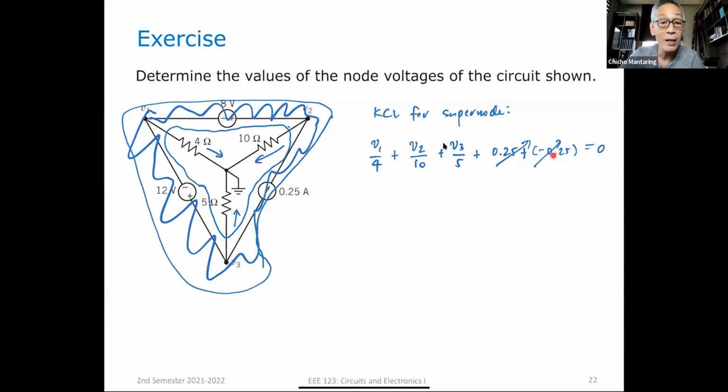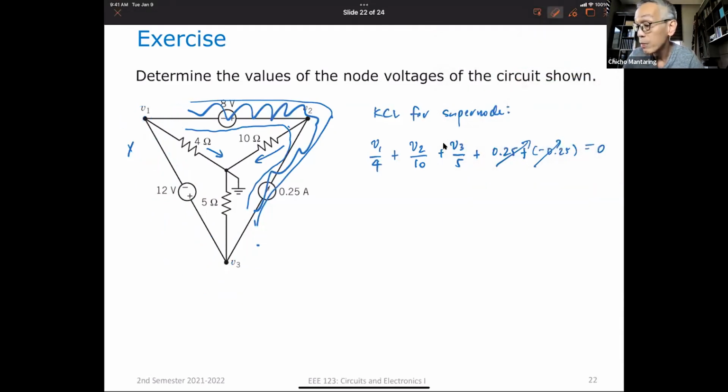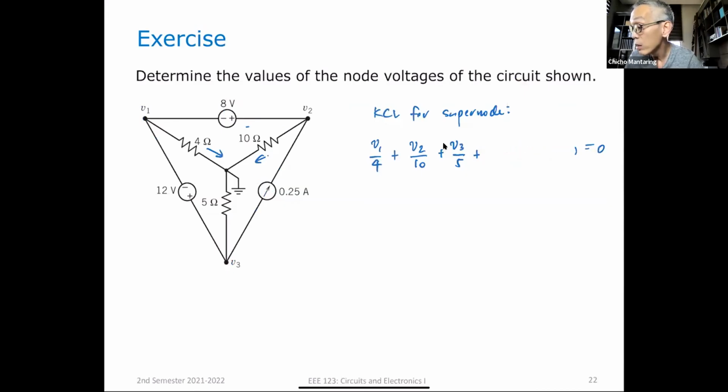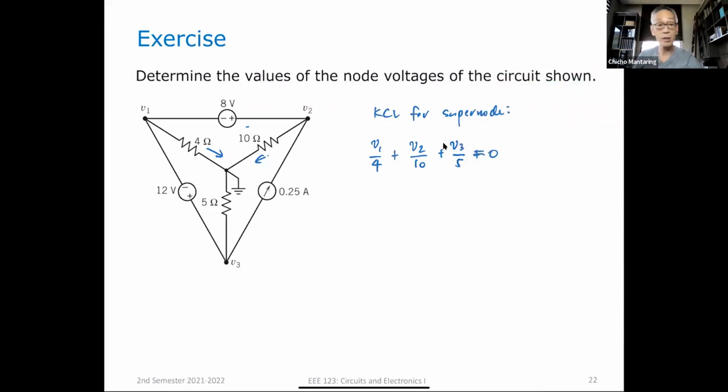Kasi you have 0.25 entering one terminal, but 0.25 leaving the other terminal. So it cancels out anyway. So I only have really three terms. Okay, so having said that, let me erase this now. So like I said, this is equal to 0. Okay, so that's three unknowns.